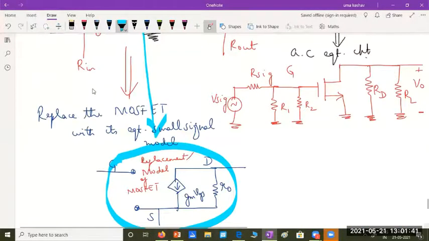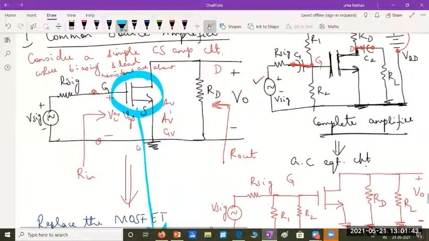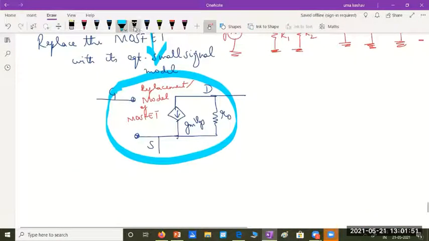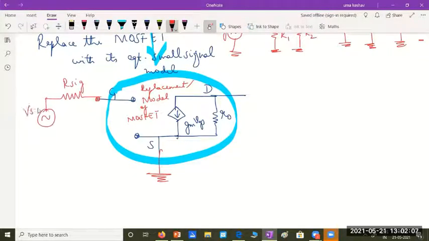What do I have on the input side between gate and source? I have a signal generator in series with a resistance. So here the source terminal is grounded. Can I ground this? The source terminal is grounded. And on the input side, I have a signal generator with resistance Rsig and voltage Vsig.